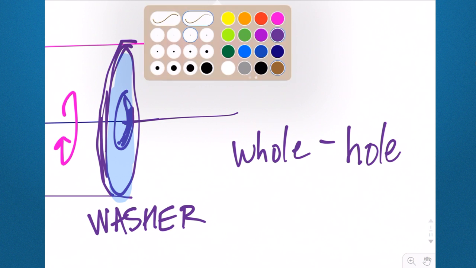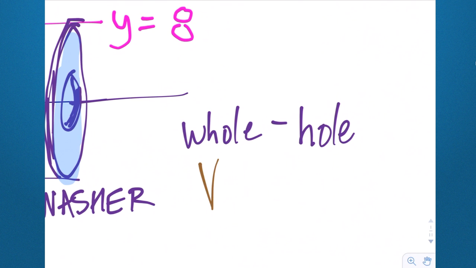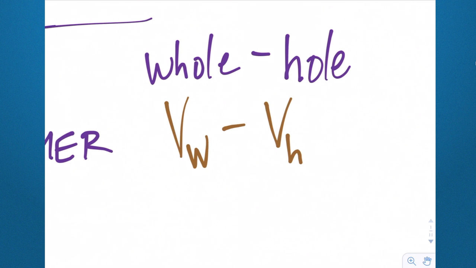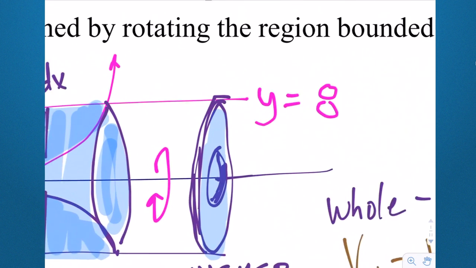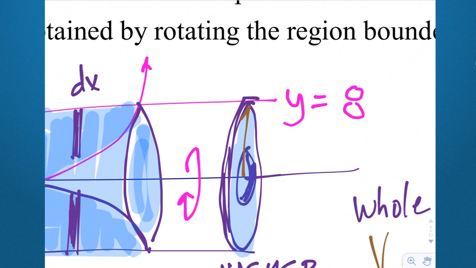So let's figure out what we would do. We would take the volume of the whole minus the volume of the hole for either one of these slices. Well, that's going to be pi big R squared dx. I'm going to use big R to represent the radius of the whole, the big radius.